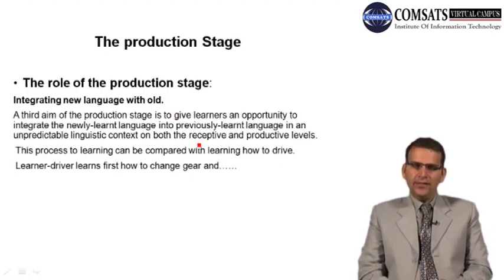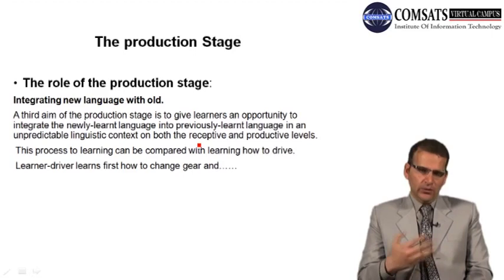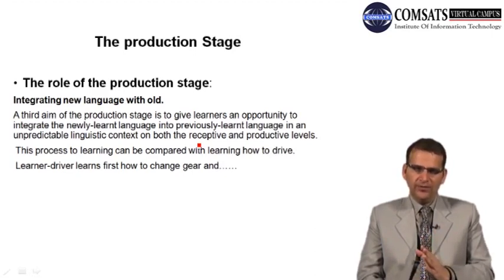Then again, integrating new language with old. The production stage is a stage where students produce whatever they have practiced. So another point is the integration of the new language item with the old one, right?